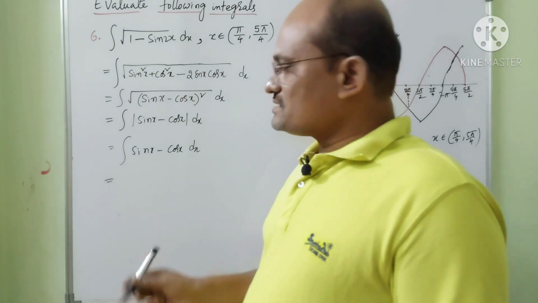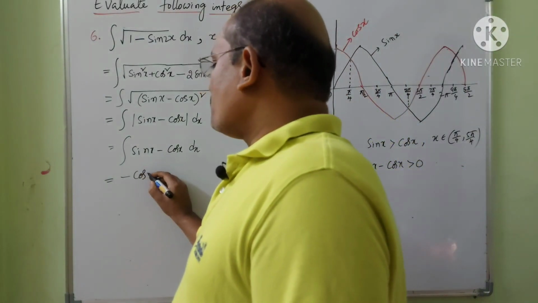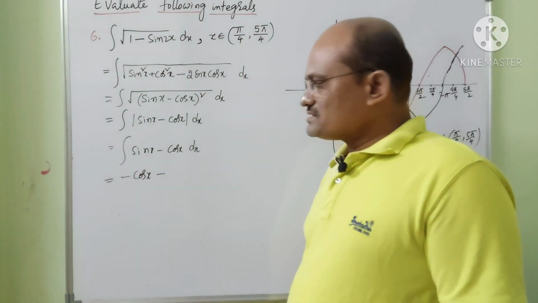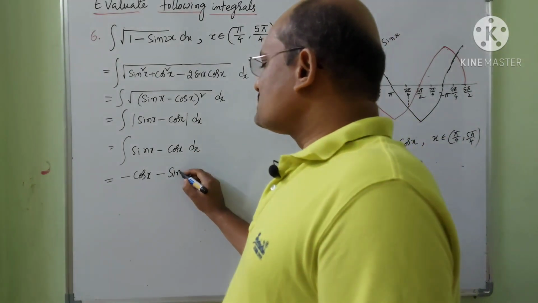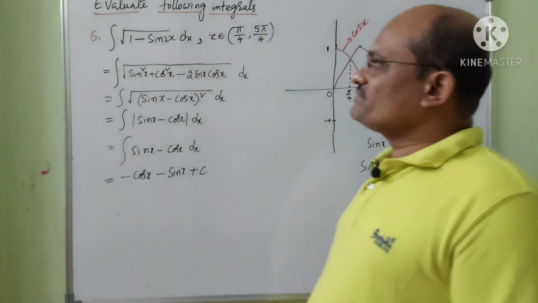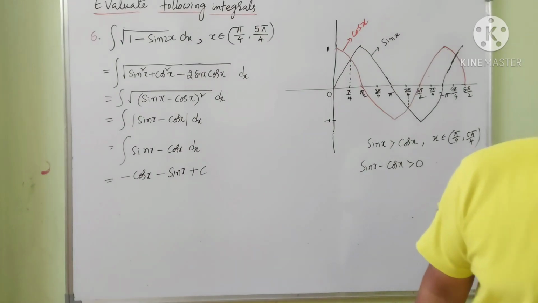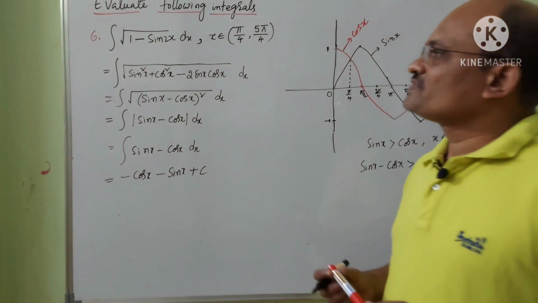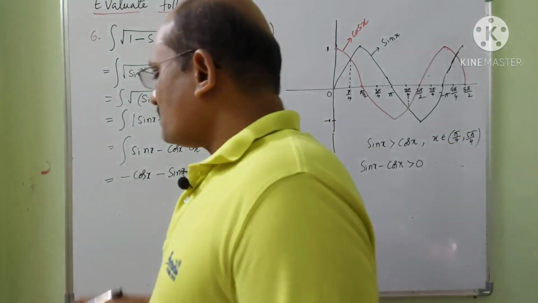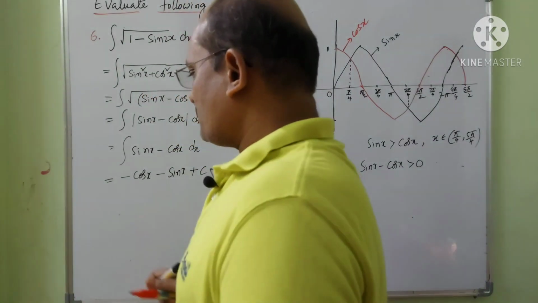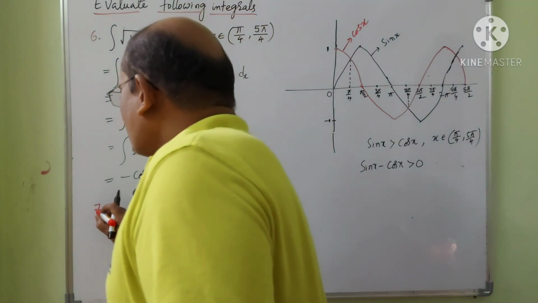Sin x integration is minus cos x, minus cos x integration is sin x. C is the constant of integration. This is the answer. We will do the same question for another interval.